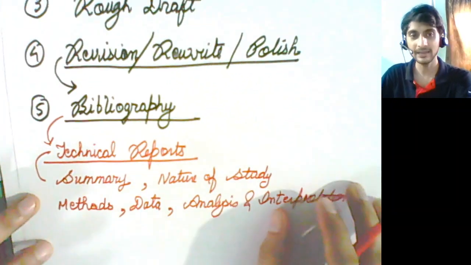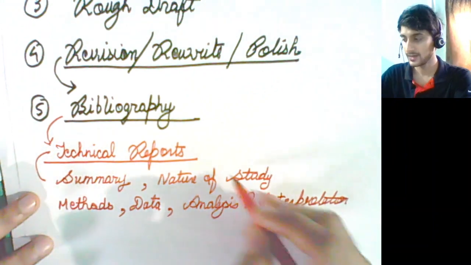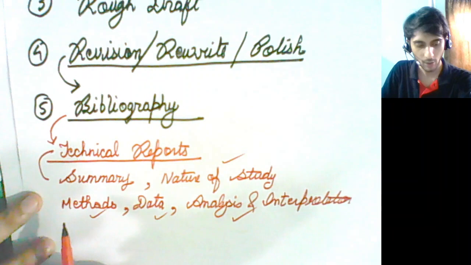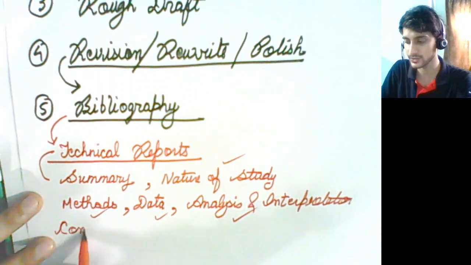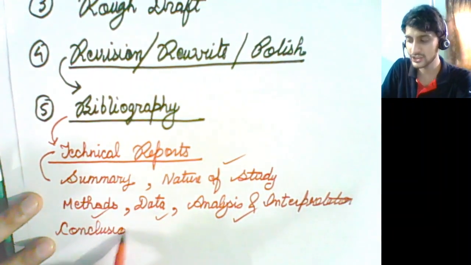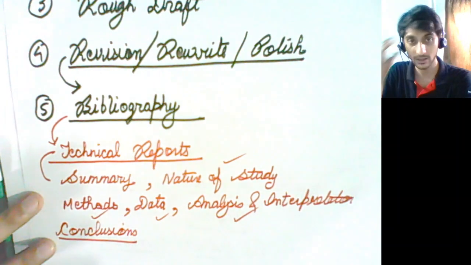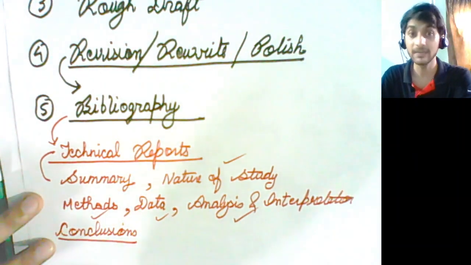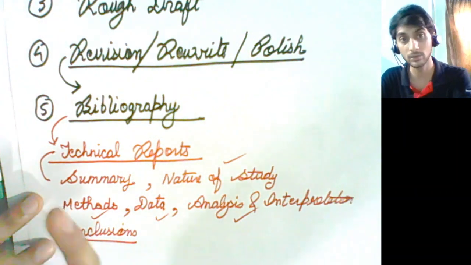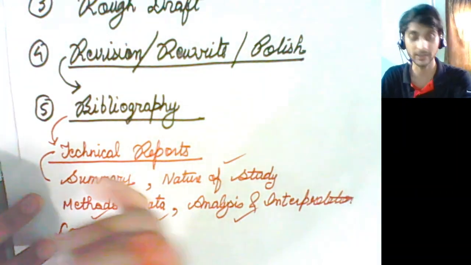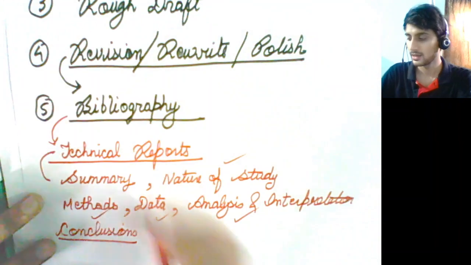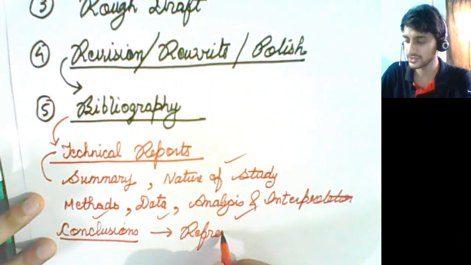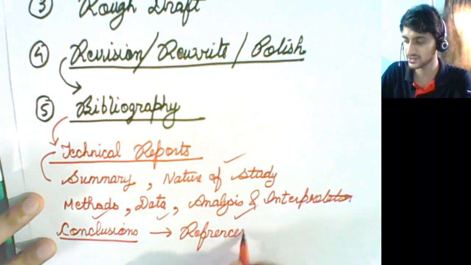And then finally, after the nature of study, methods, and data analysis and interpretation, you should go to conclusions, which can include the future prospects, and it can also include the limitations of your study. It can include the comparison of your findings with others, and then at last what you see on most of the research papers is references.